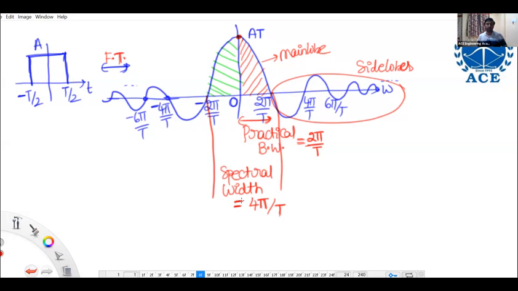So in that case, it is called spectral width. Bandwidth word is strictly valid for a positive range of frequencies only. We are including negative frequency only to recover back our original signal as it is.